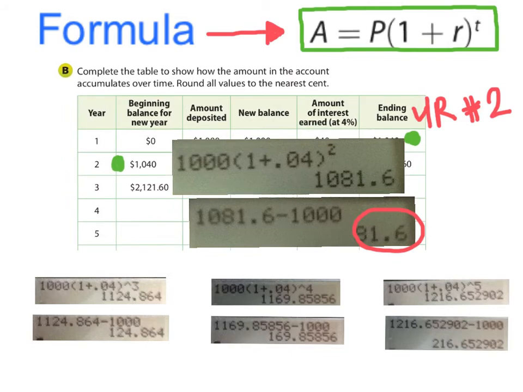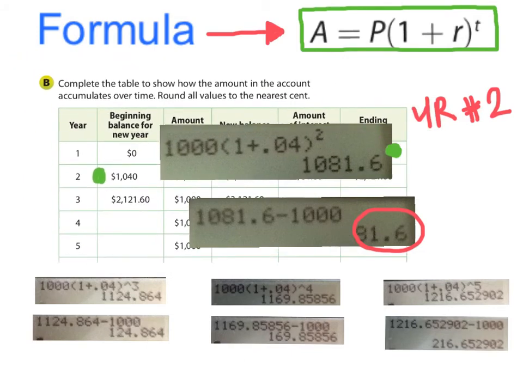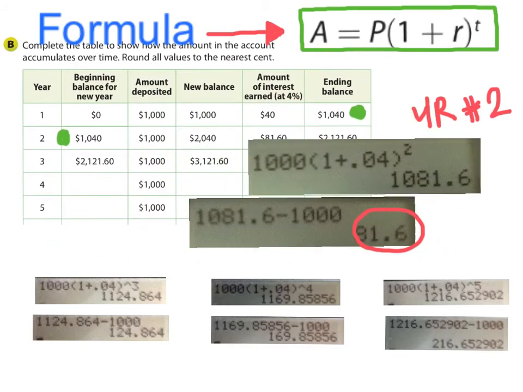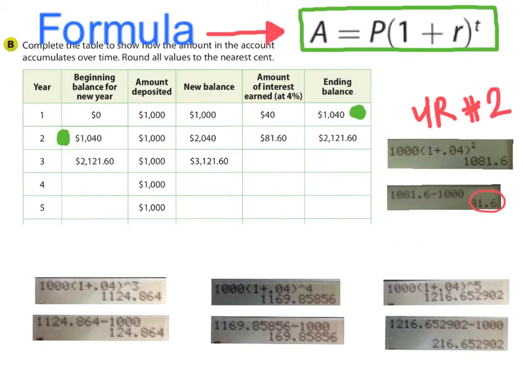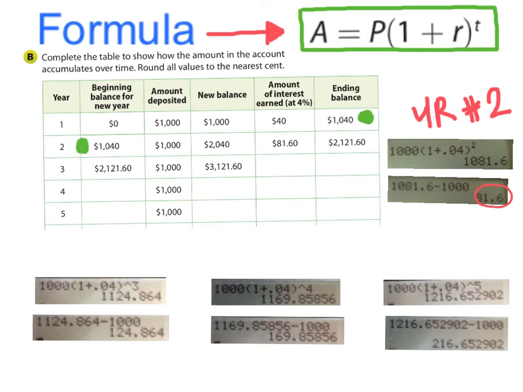So if I shrink this back down and move it out of the way, we can take a look at the chart that's already been filled in for us. And indeed, they put $81.60.